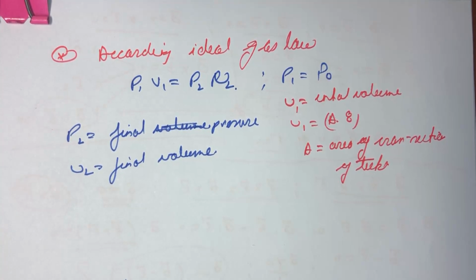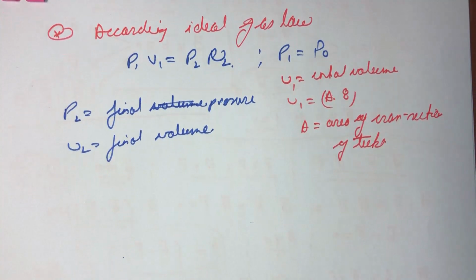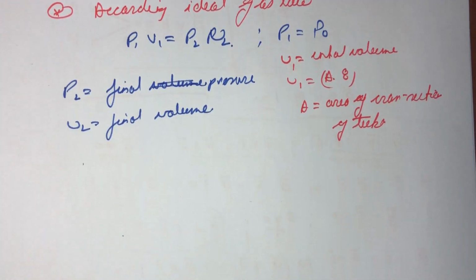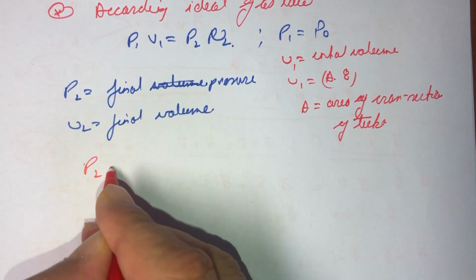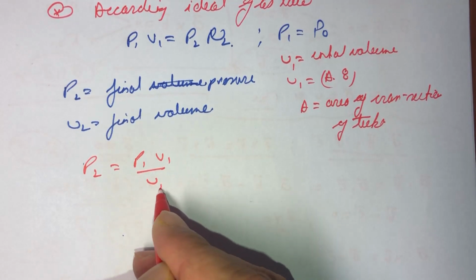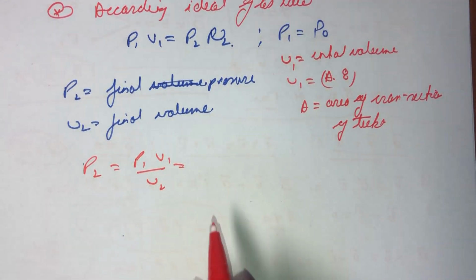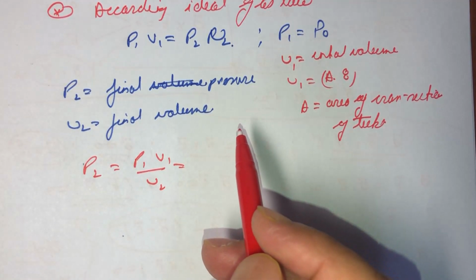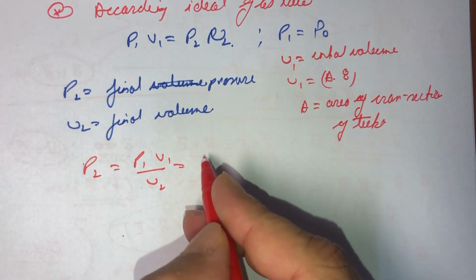Therefore, P2 is equal to P1 V1 divided by V2, and P1 is equal to P naught, which is given as 76 centimeter of Hg. We will replace it later on.